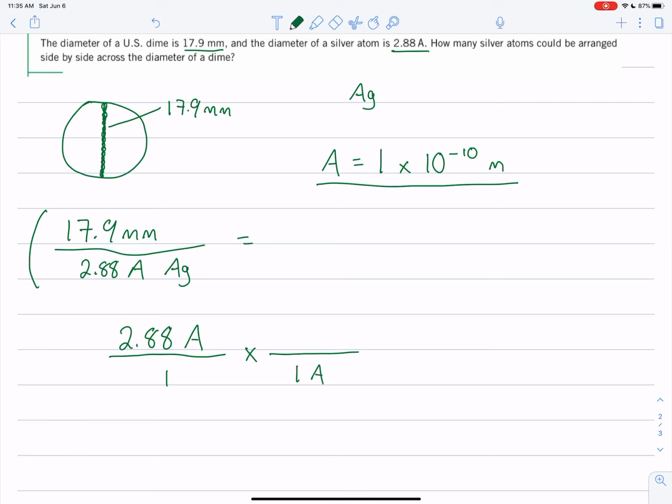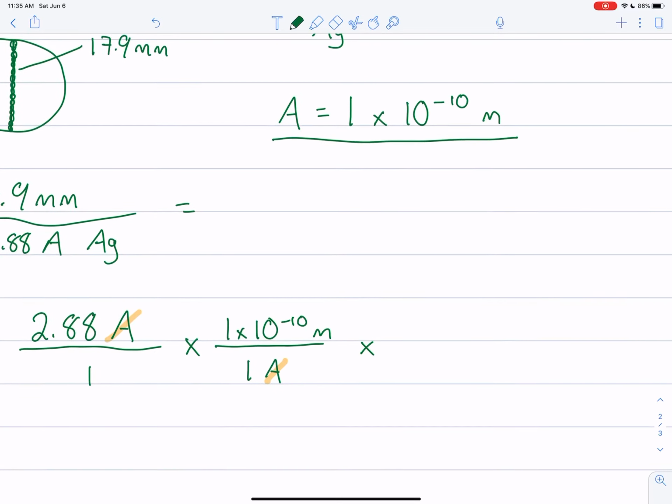And the reason we're doing that is as we're setting up, and this is called dimensional analysis, we want to get rid of this angstrom, and we are multiplying, so we want to put angstrom in the bottom, all right? If angstrom was up top, we would not be able to cancel, and that's why I put 2.88 angstrom over the number 1, okay? So 1 angstrom equals 1 times 10 to the negative 10th meters, okay?